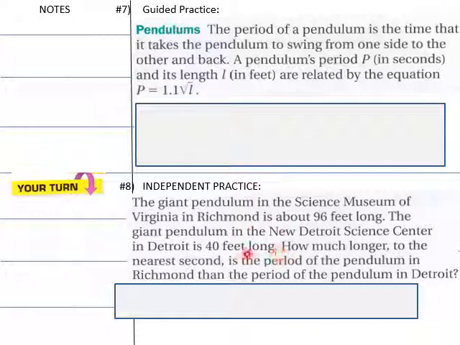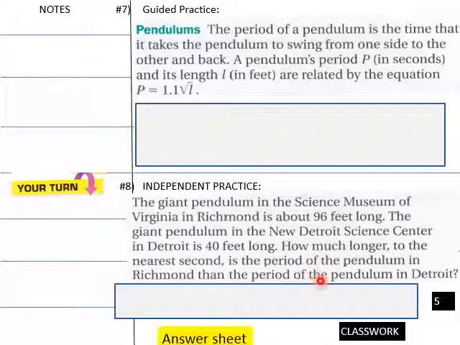How much longer, to the nearest second, is the period of the pendulum in Richmond than the period of the pendulum in Detroit? That is your question. We found our formula, we plug in values from two different museums, and then we find how much longer the Richmond pendulum's period is than Detroit's.